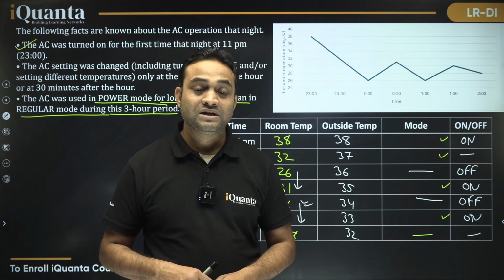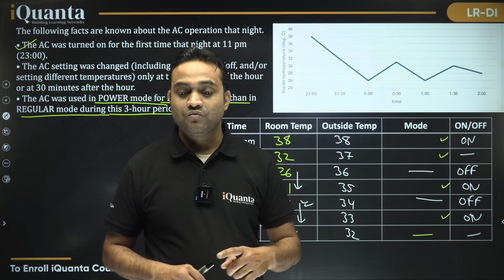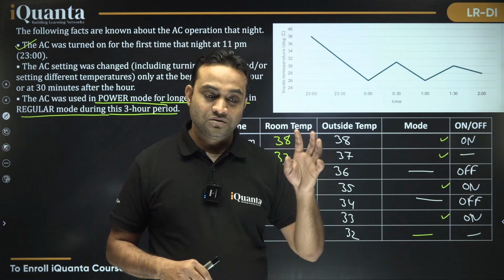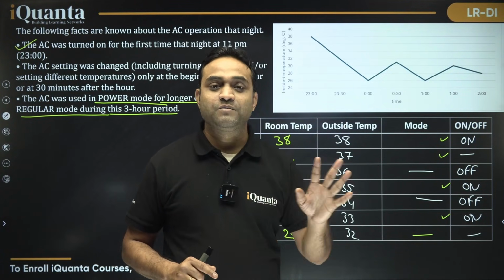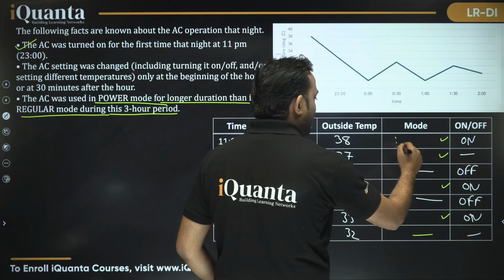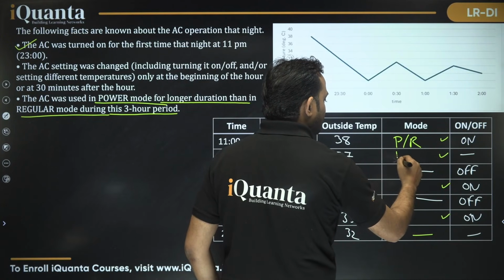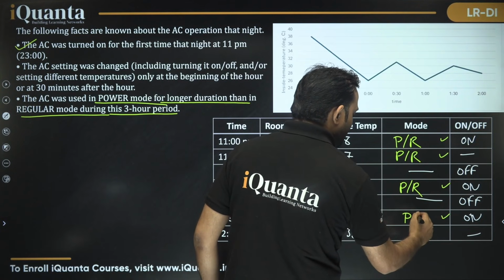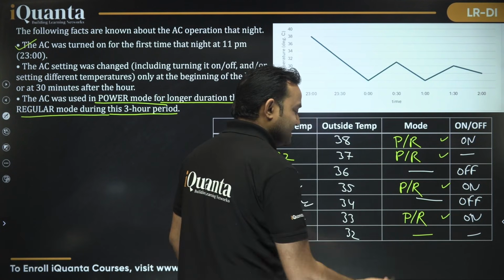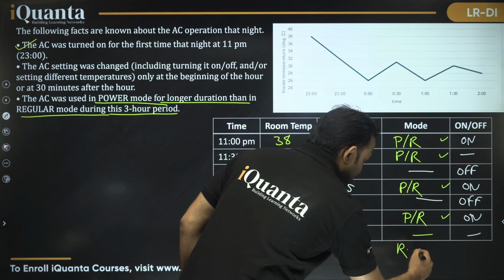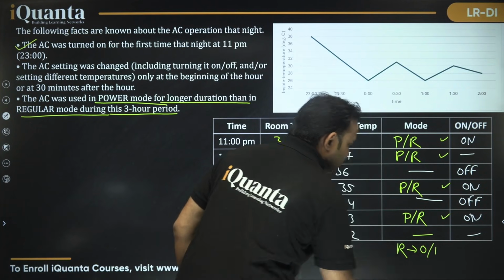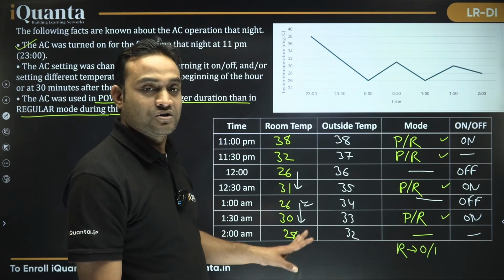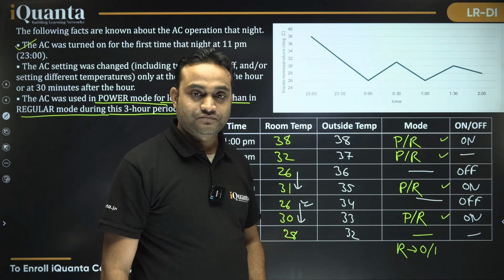What's possible? 3 power modes, 1 regular mode, or all 4 slots power mode. So power or regular, power or regular, power or regular, power or regular. We know that the regular mode must be for 0 slots or 1 slot out of all the 4 slots. It cannot be beyond that.